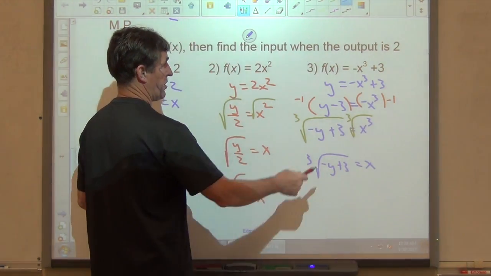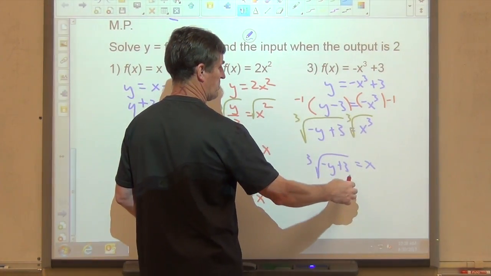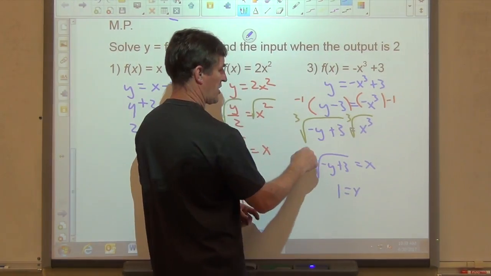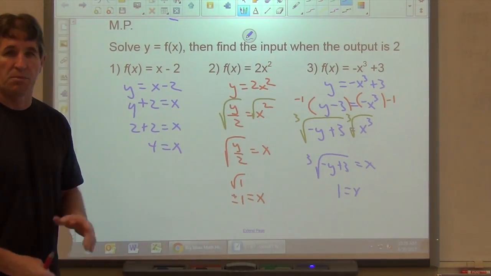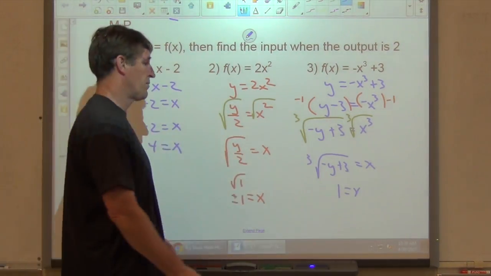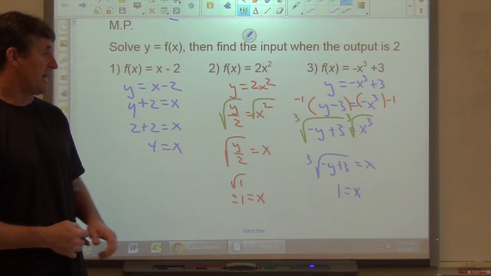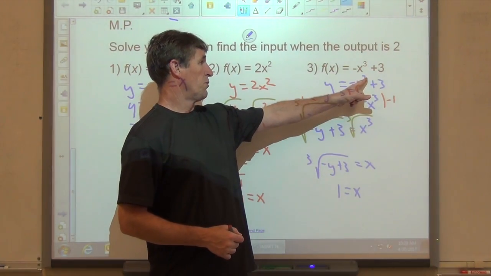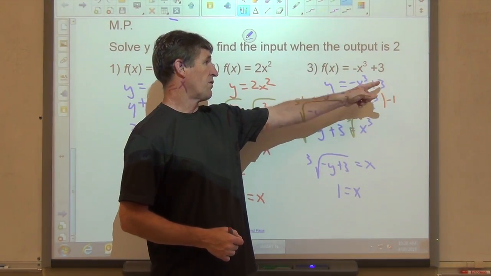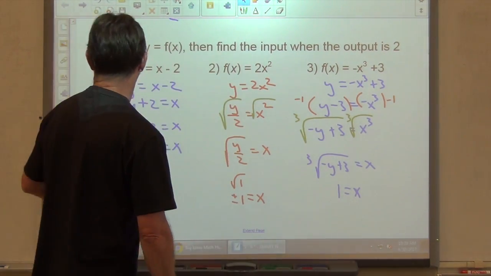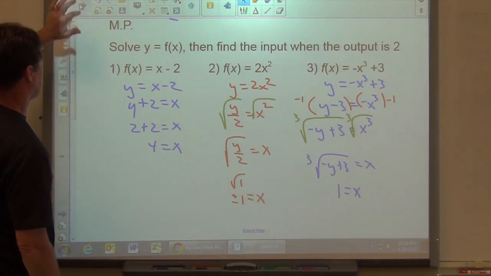And so now you plug in 2. Negative 2 plus 3 is 1. The cube root of 1 is 1. Again, since it's a cube root, that takes care of whether it's positive or negative. It's just one value. And so in this case, 1 would equal x. Again, you can check it. 1 cubed would be 1. The opposite of 1 is negative 1 plus 3 is 2. And so it checks. So hopefully you found those fairly easy to do.